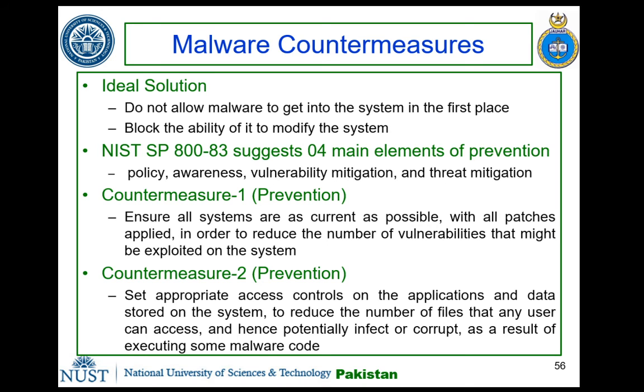Countermeasure 2 is to set appropriate access controls on the applications and data stored on the system to reduce the number of files that any user can access and hence potentially infect or corrupt as a result of them executing some malware code. These measures directly target the key propagation mechanisms used by worms, viruses, and some Trojans. This is also covered in hardening operating systems and applications.